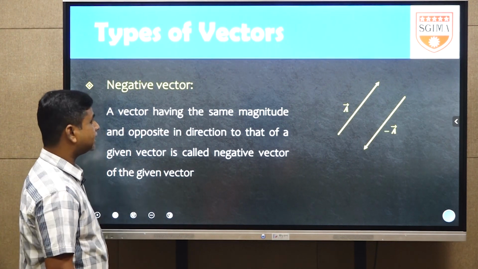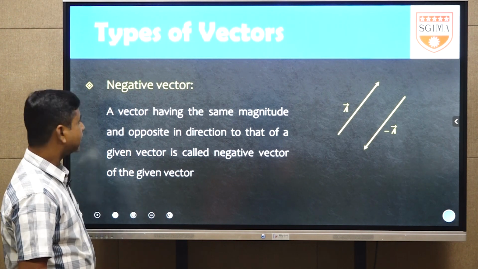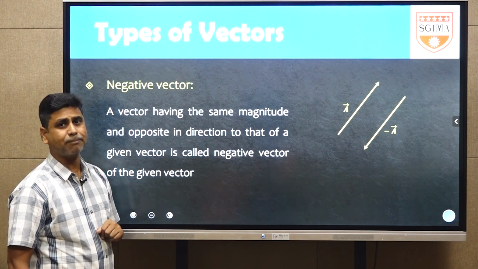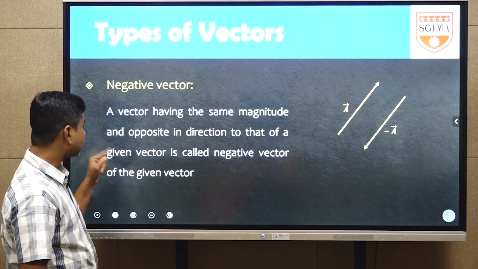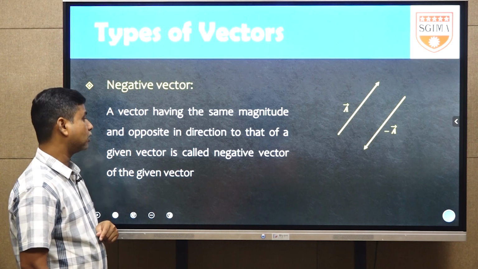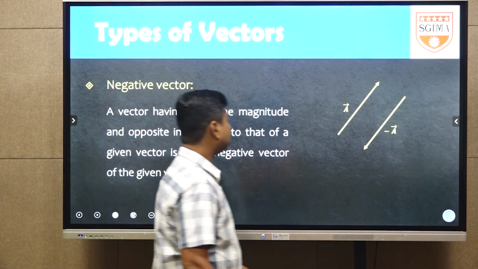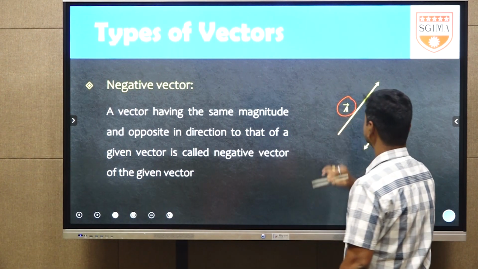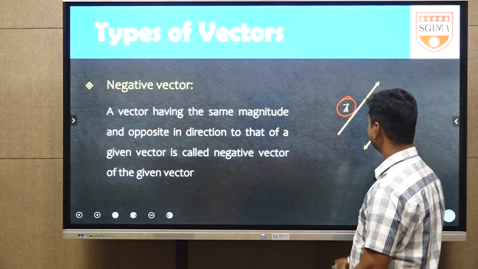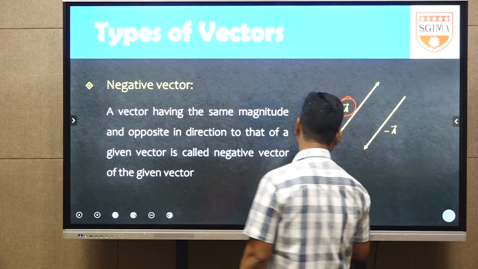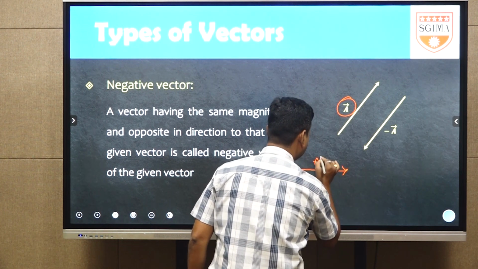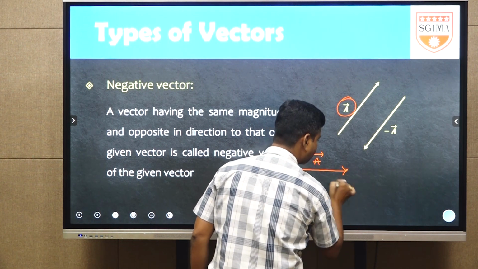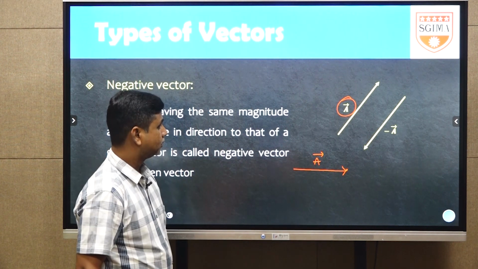Next, the third one is the negative vector. What does negative vector mean? A vector having the same magnitude and opposite in direction to that of a given vector is called a negative vector. Here A bar is the given vector. For example, A bar is acting towards the right. The arrow represents which direction it is acting.